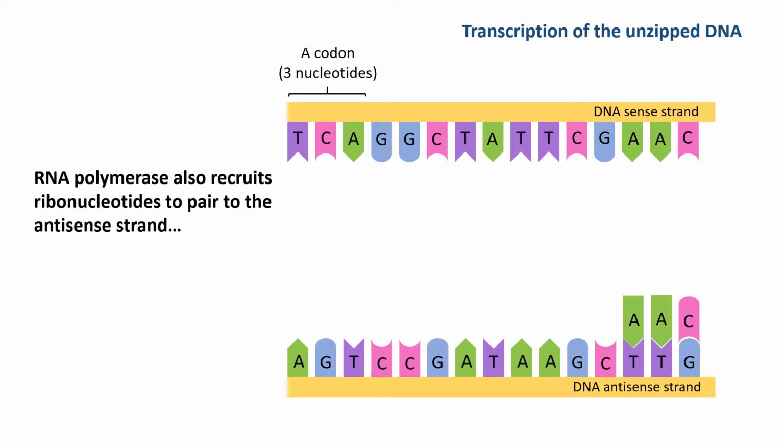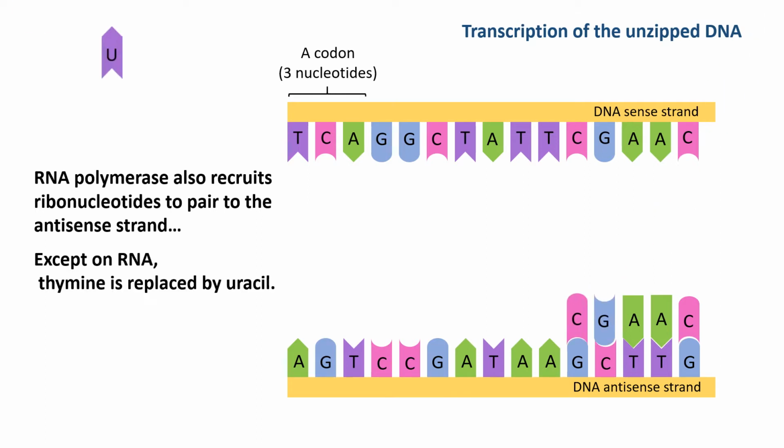So RNA polymerase then recruits those ribonucleotides, and they come in and they pair with the antisense strand. And if you look at the corresponding nucleotides on the sense strand at the top there, you'll notice that this is a copy, other than the fact that our T, because this is ribonucleotides, is replaced by U.